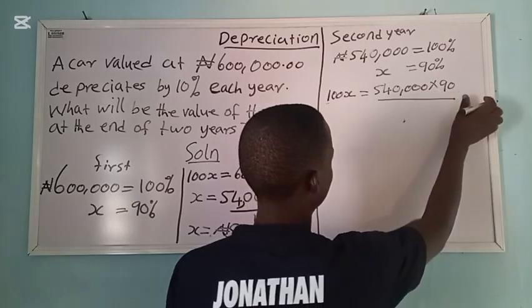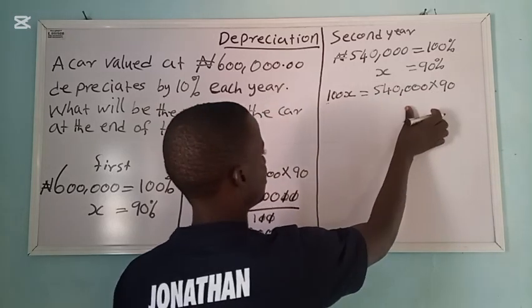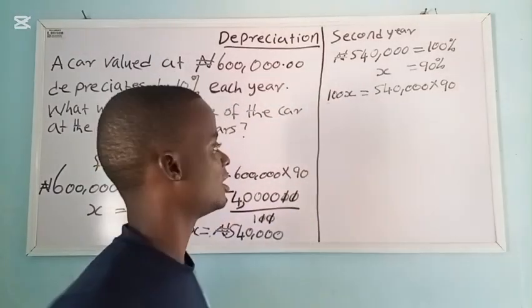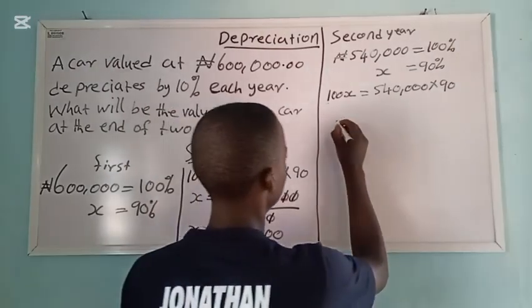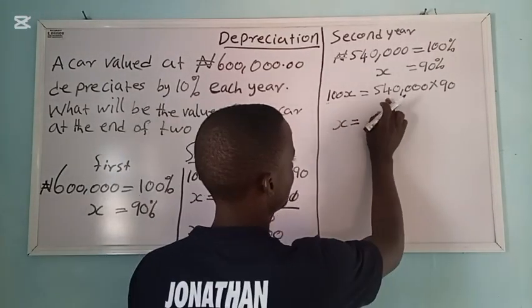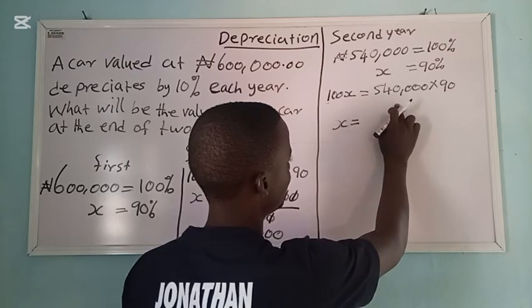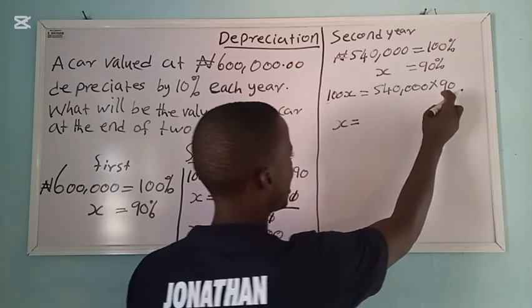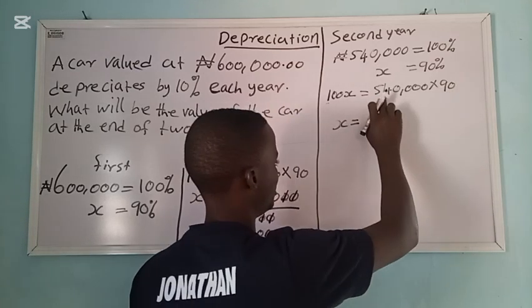So now we'll say x is equals to 540,000 times 90. So now we'll carry this 90 and multiply by this one.